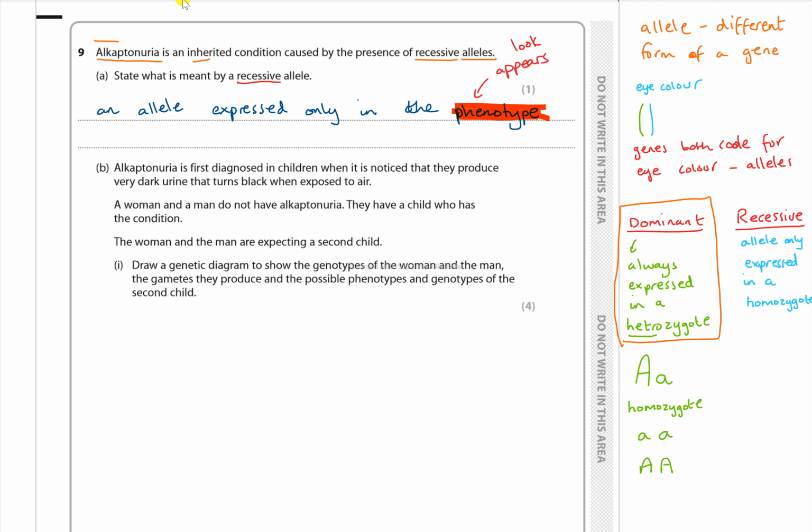And genotypes are the genes. An allele expressed only in the phenotype in a homozygous. So that's when you've got little a, little a. Yeah. Right, okay, let's move on.